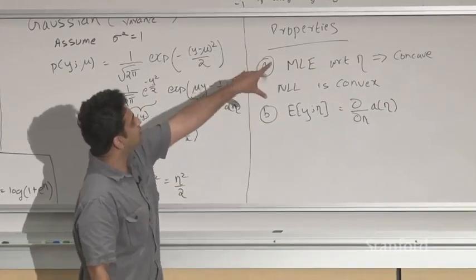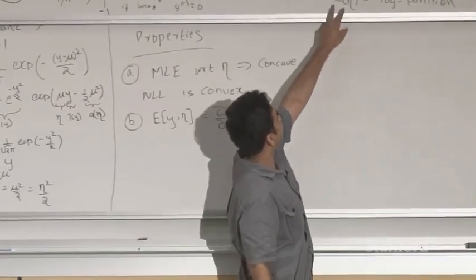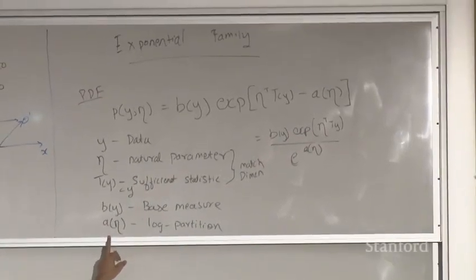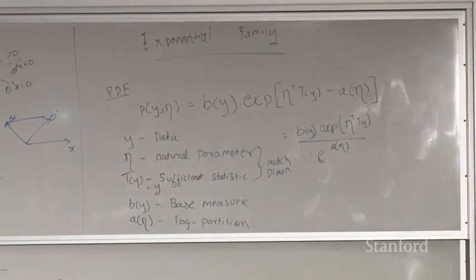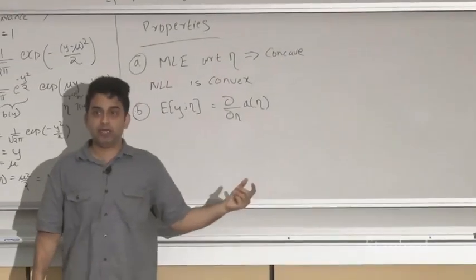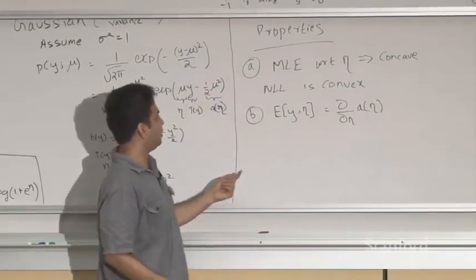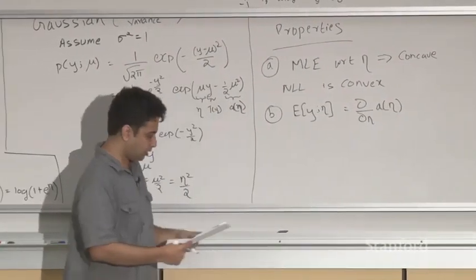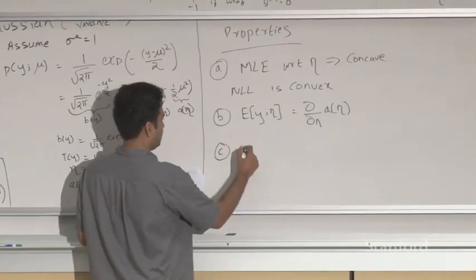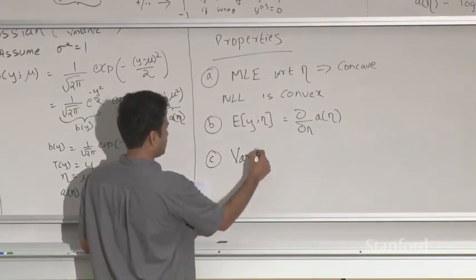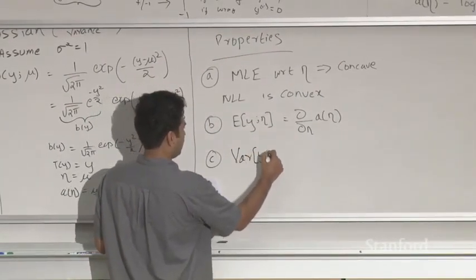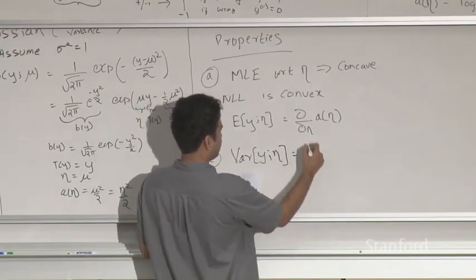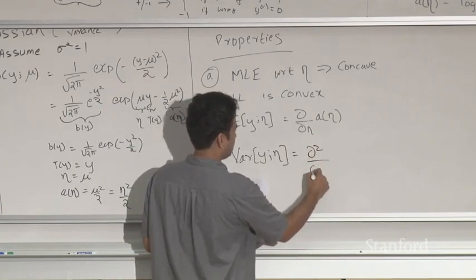For each of the distributions, we start with a of eta, the log partition function, and differentiate it with respect to eta, and you get another function of eta, and that function is the mean of the distribution as parameterized by eta. And similarly, the variance of y parameterized by eta is just the second derivative. This was the first derivative, this is the second derivative.